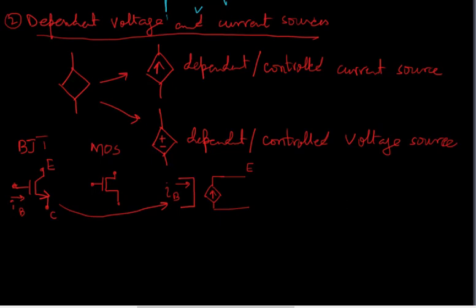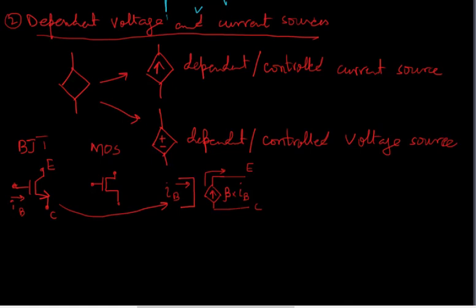What it looks like is there is some factor beta multiplied by the current IB, and that is the current flowing here, like that. So you can see what's happening.